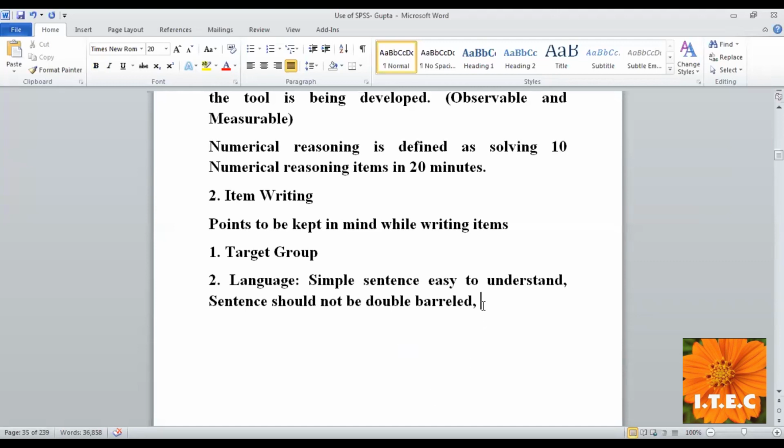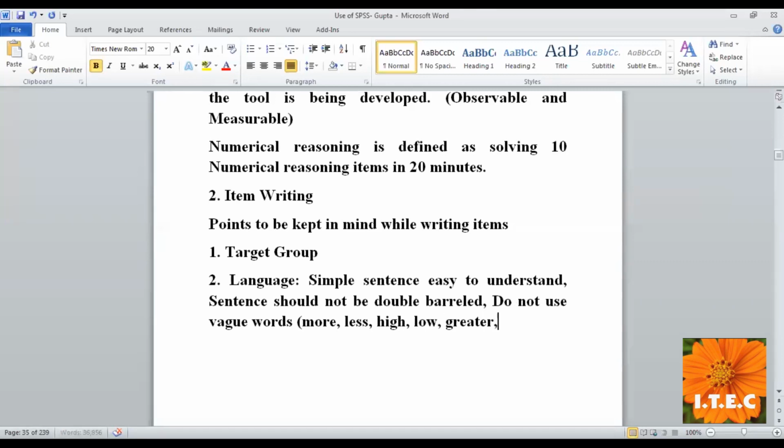Then do not use vague words. Vague words are more, less, high, low, greater, less.